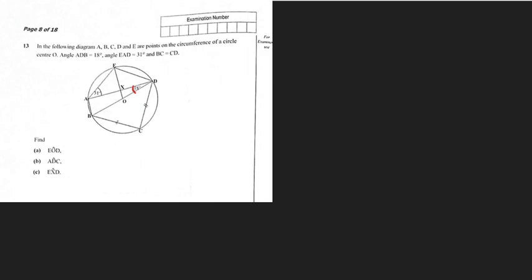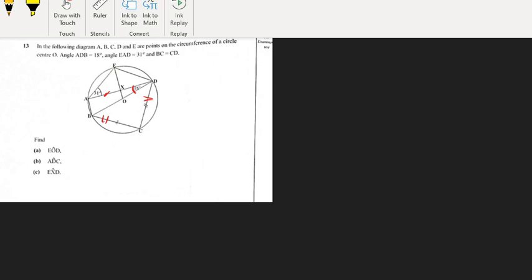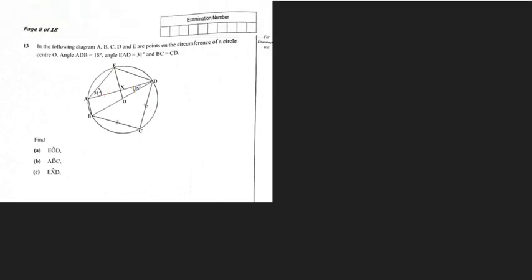Then EAD is actually 31 degrees. And then they're saying BC, this line here, is equal to this particular line. So now they are saying we find EOD.